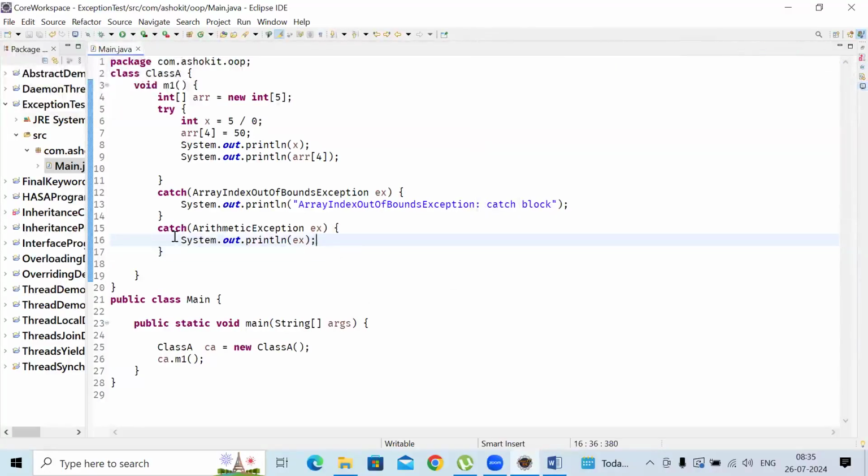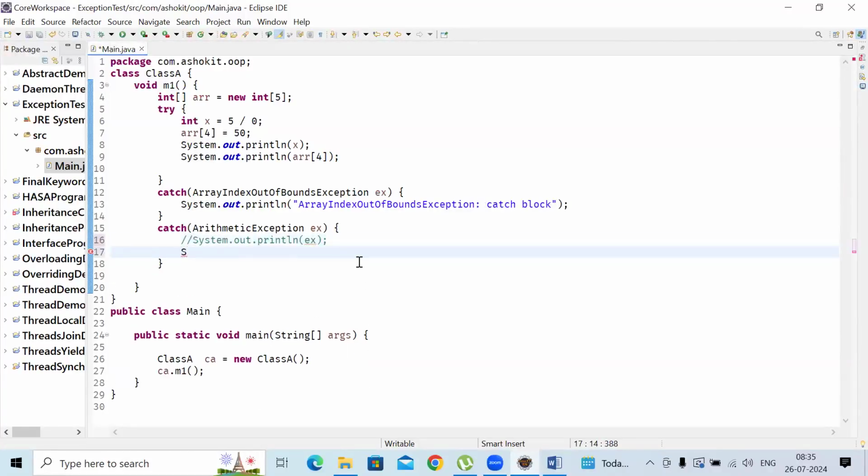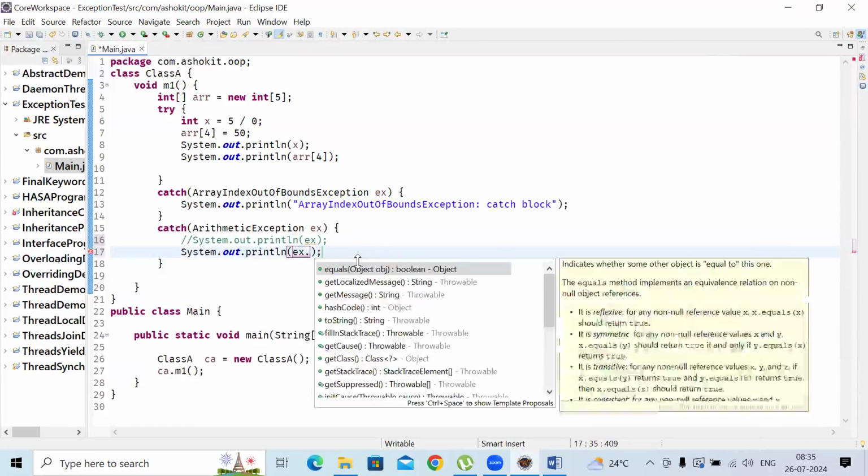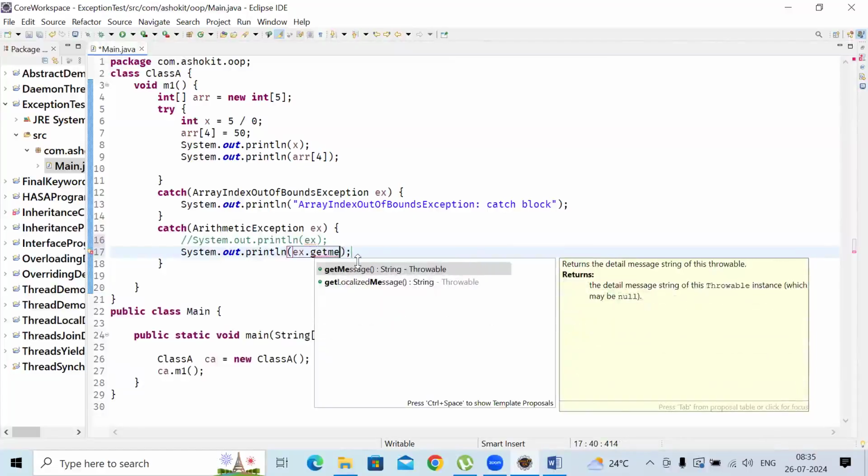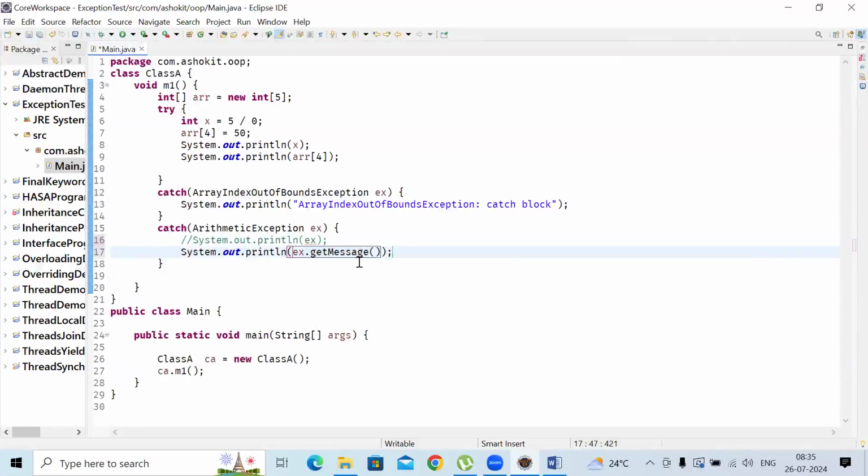Observe here. I am keeping this in comment. Now I am writing this: System.out.println, ex.getMessage is a method. Who is ex first of all? ex is the exception object, of type ArithmeticException.